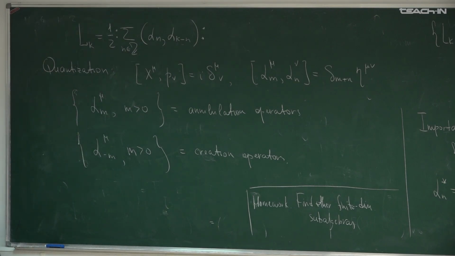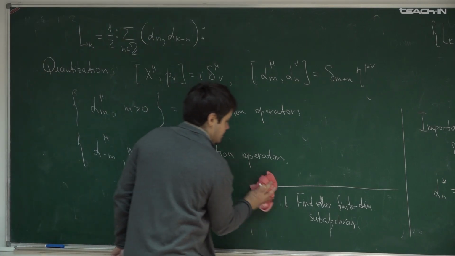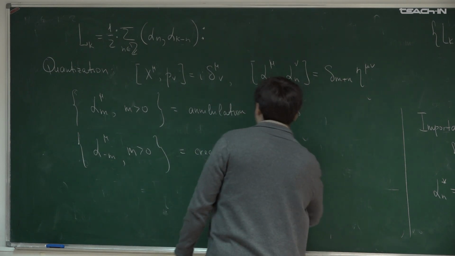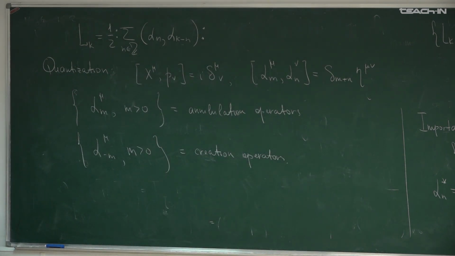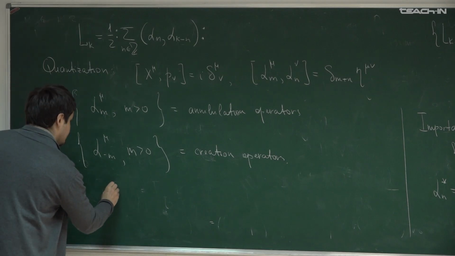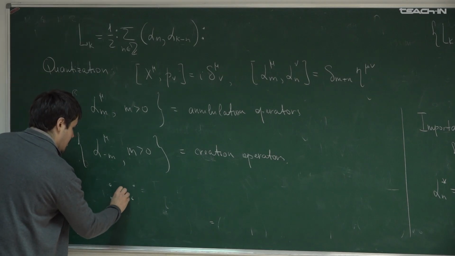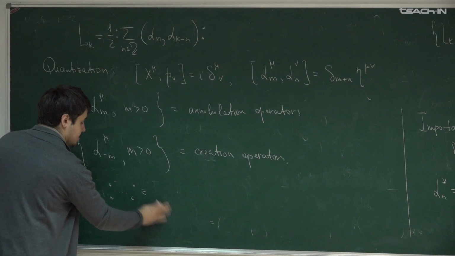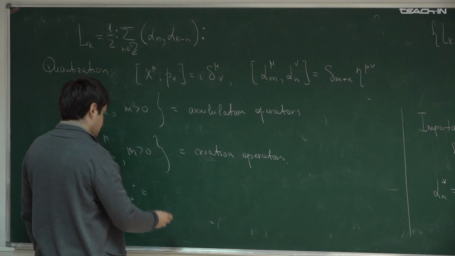And then the notion of normal ordering makes sense, right? So normal ordering means that you place all annihilation operators to the right of creation operators.